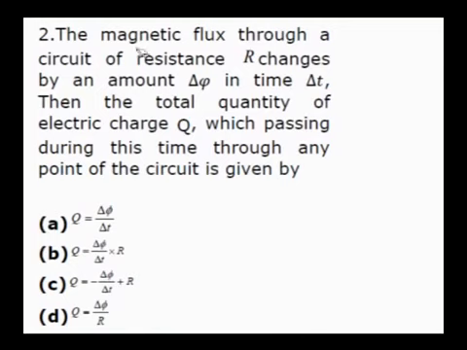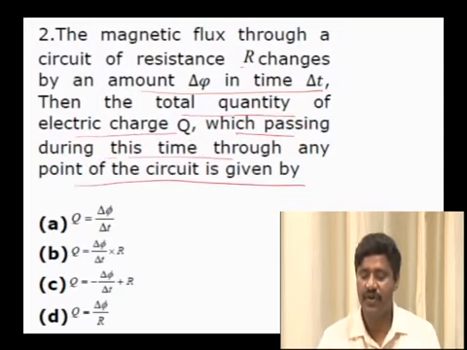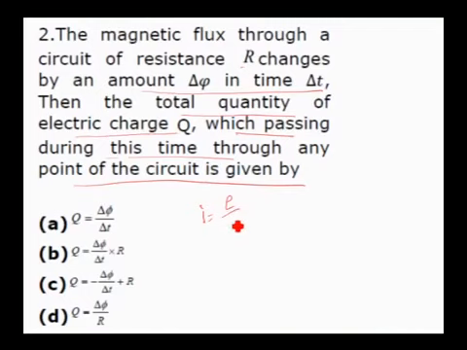Yes, the second question: the magnetic flux through a circuit of resistance R changes by an amount delta phi in time delta t. The total quantity of electric charge passing during this time through any point of the circuit is what? I'll explain it here itself. We have an expression for induced current as EMF divided by resistance, which means 1 by R into d phi divided by dt.